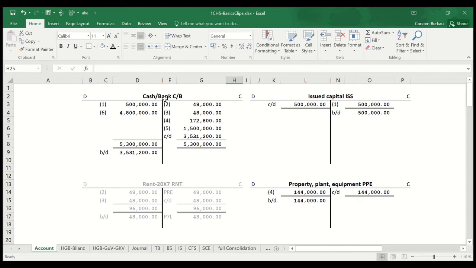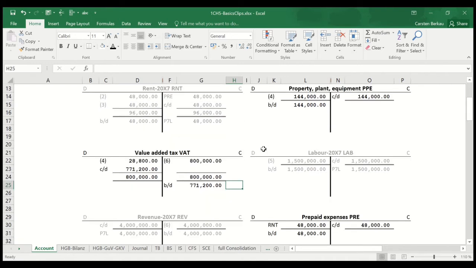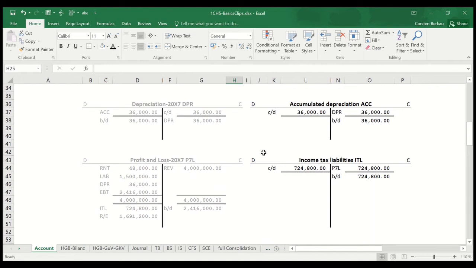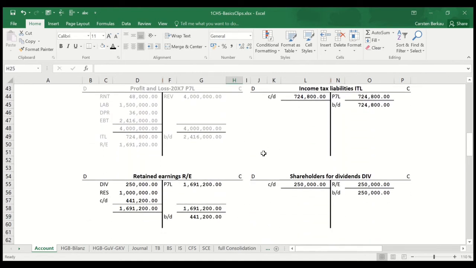The real accounts, like the cash bank account, the issued capital account, the property, plant and equipment account, value-added tax, prepaid expenses, accumulated depreciation, and the income tax liabilities as well as retained earnings and the shareholders for dividend account are still available, and they have not been closed off.